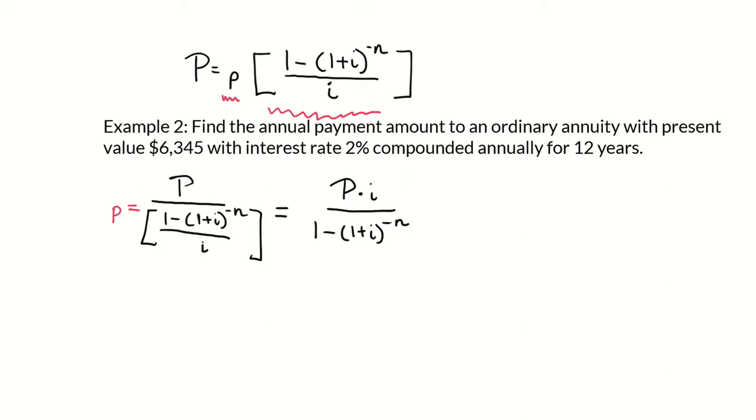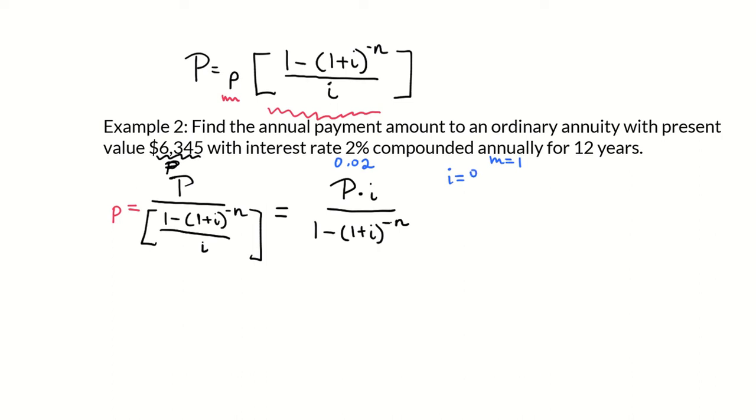So now we have the present value, which is P. We need I, and I is the interest rate R, which is 0.02. Compounded annually means that that's 1 time per year.